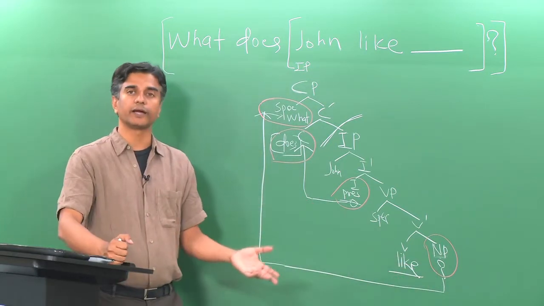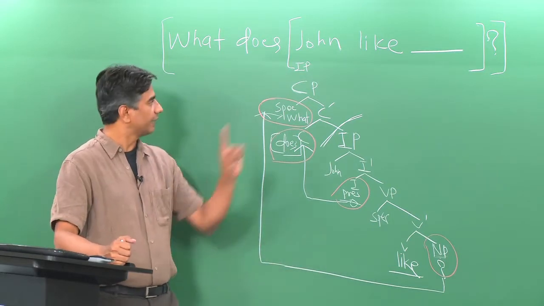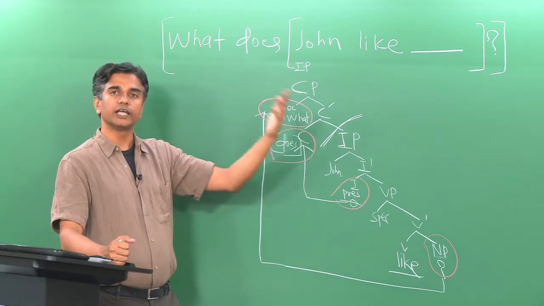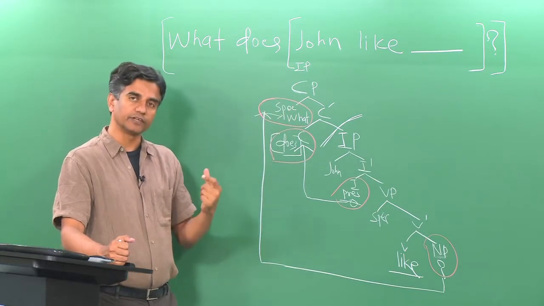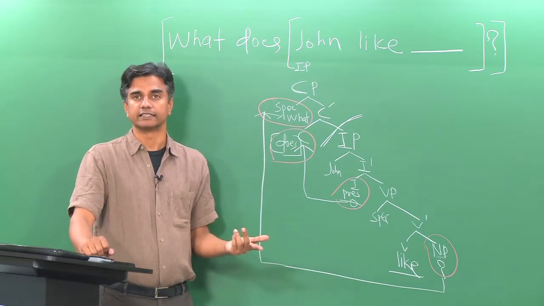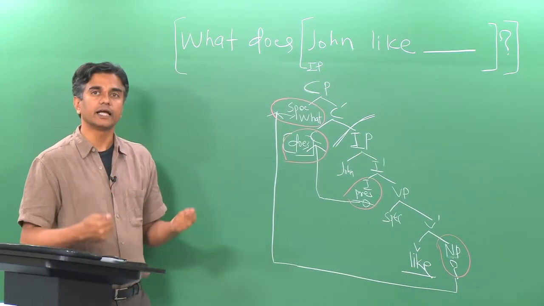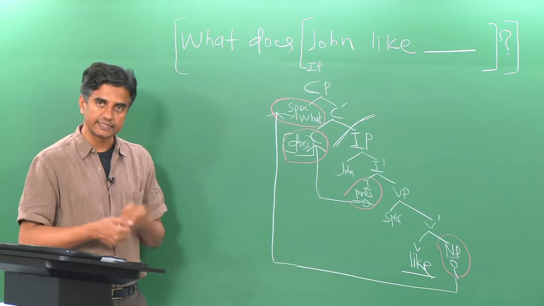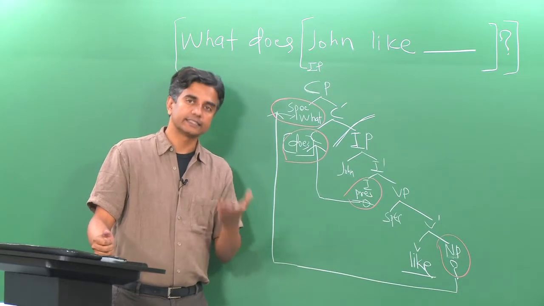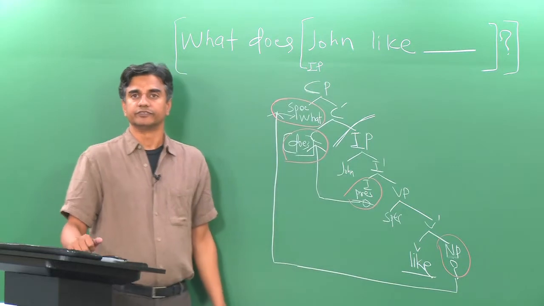Finding the place where they could have moved was a little bit difficult, because knowing the fact that these elements have moved out of IP, we needed to create more positions to capture this phenomenon of movement outside its domain, outside the domain of a sentence. And then we say that an interrogative sentence is bigger than an IP. It's a CP where the whole IP is the complement of another C, and then this notion gets captured.